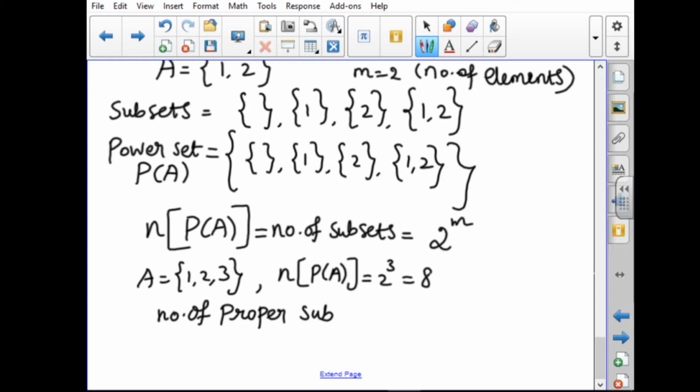Number of proper subsets means the whole set should not occur. So 2 power m minus 1. Number of subsets means all the subsets occur, but number of proper subsets means the whole set should not occur. So 2 power m minus 1, that means 8 minus 1 is equal to 7.